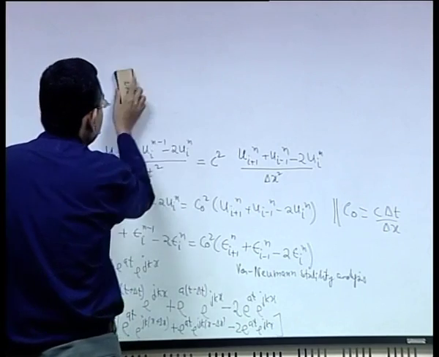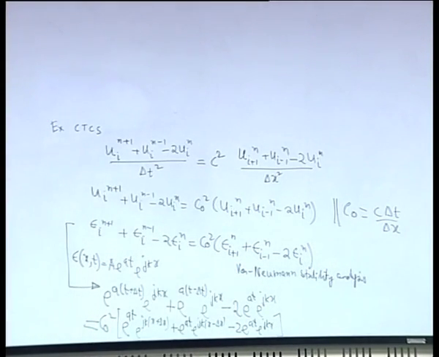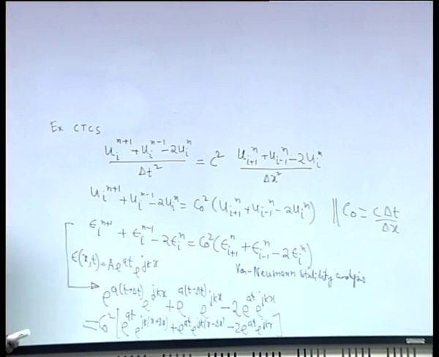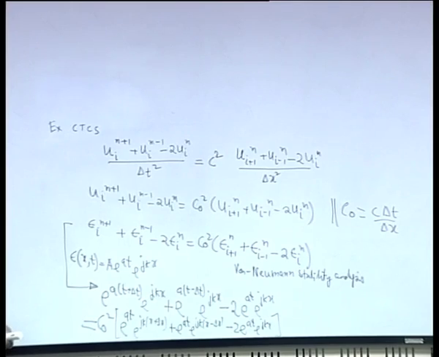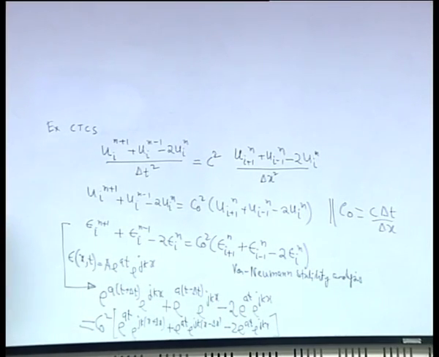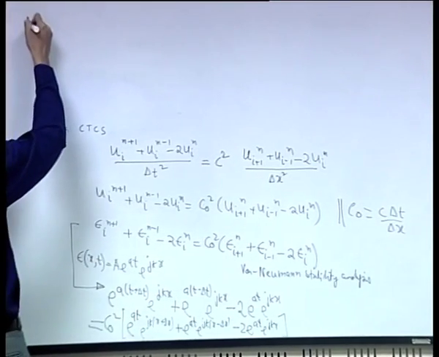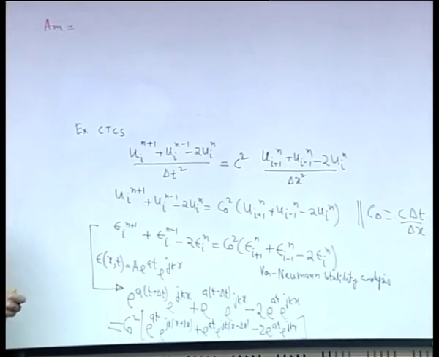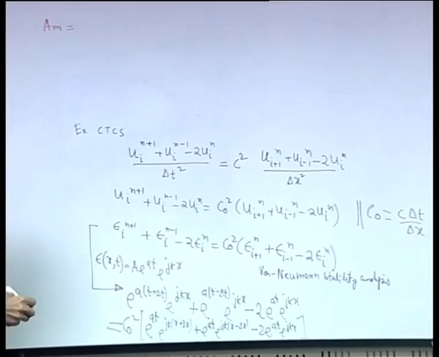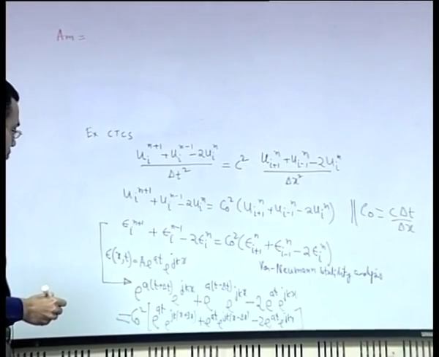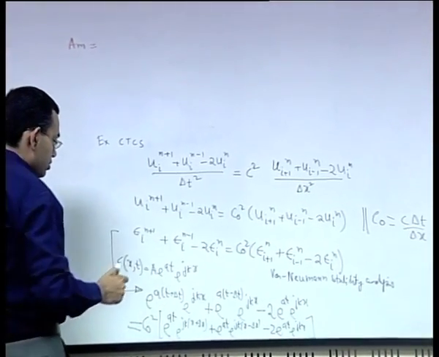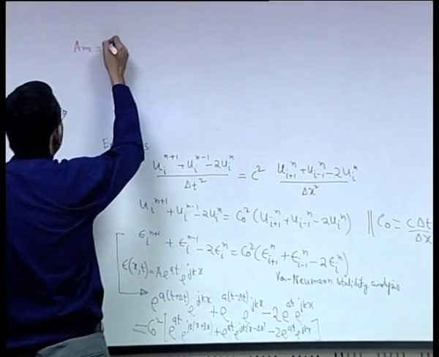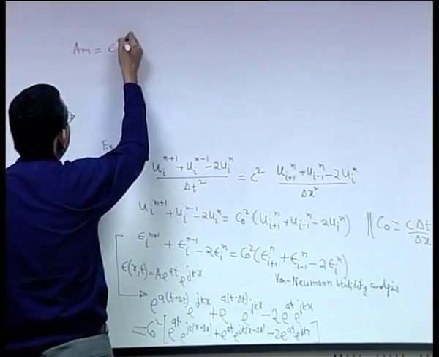We can now find out the amplification factor by dividing both sides by e to the power a t into e to the power j k x. So, we will do that now. The amplification factor is equal to e to the power a delta t.